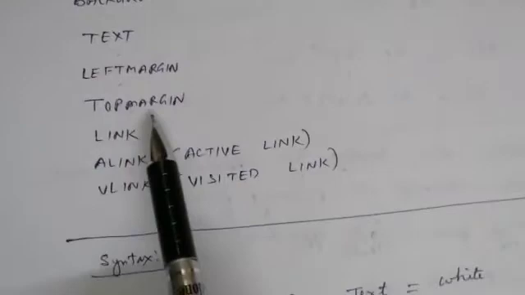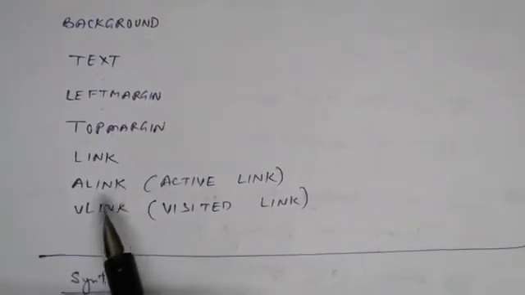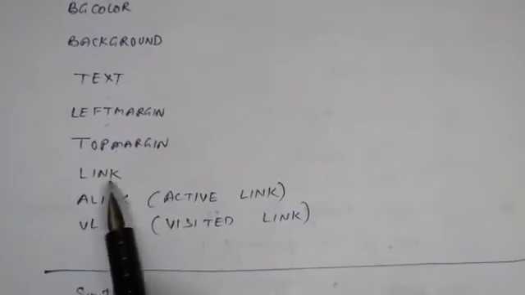Now after top margin come link, alink and vlink, these three. Link means the color of the link.